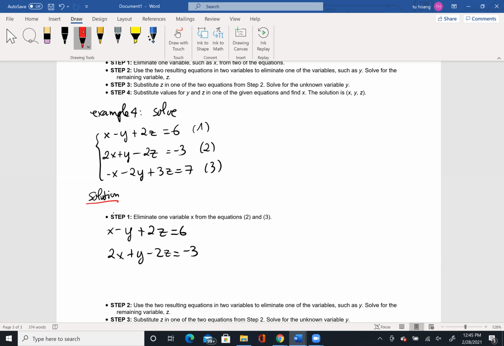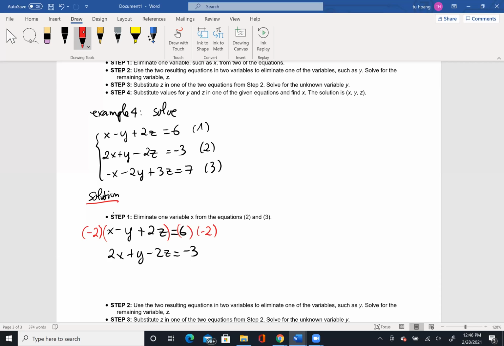So I'm going to multiply both sides of the first equation with -2, because later I will cancel this x when I add these two, right?